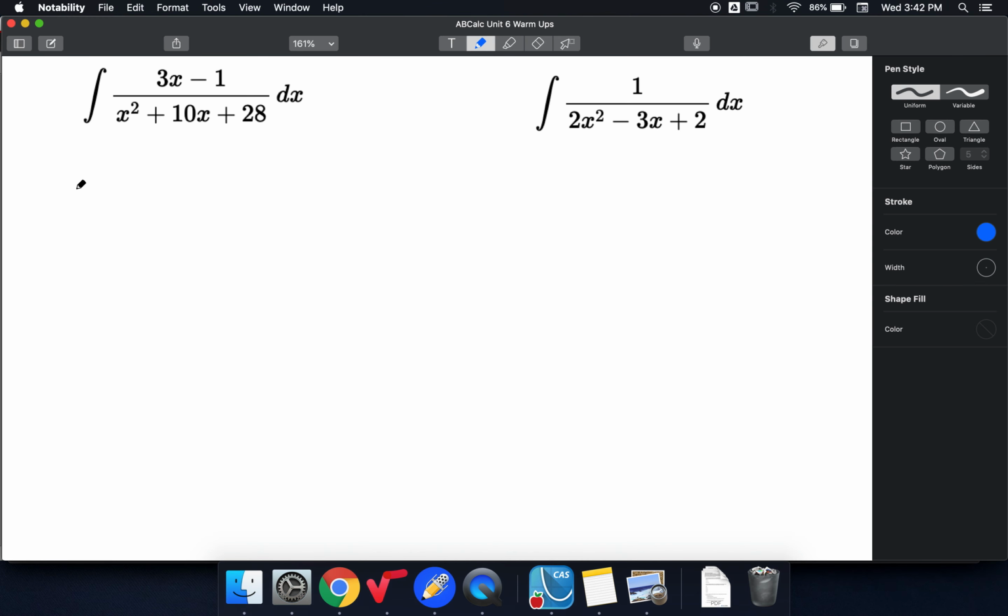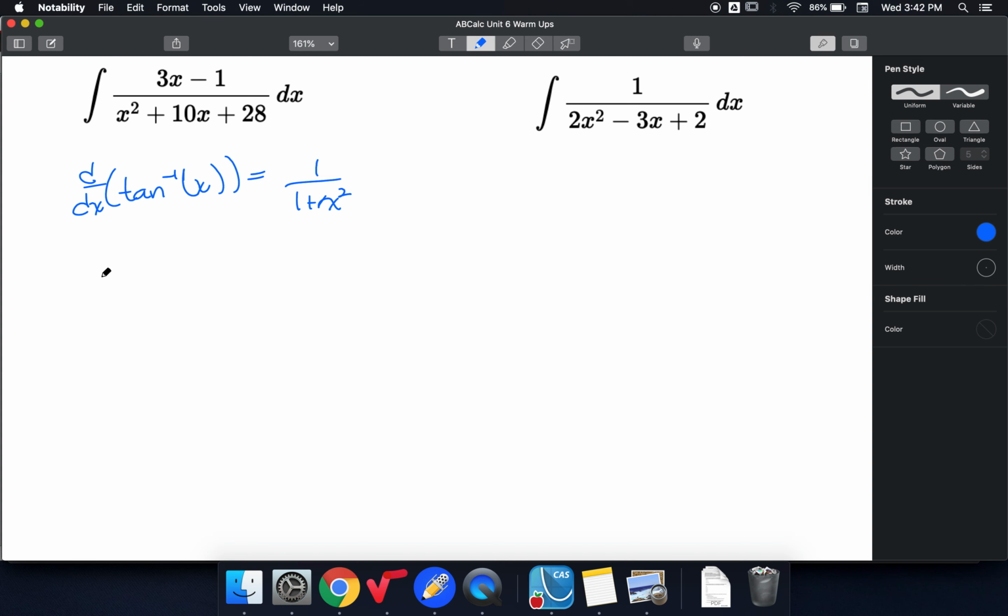So let's start with our derivative rule that we had, that the derivative of arctan x is 1 over 1 plus x squared. Well, let's remember where that came from.